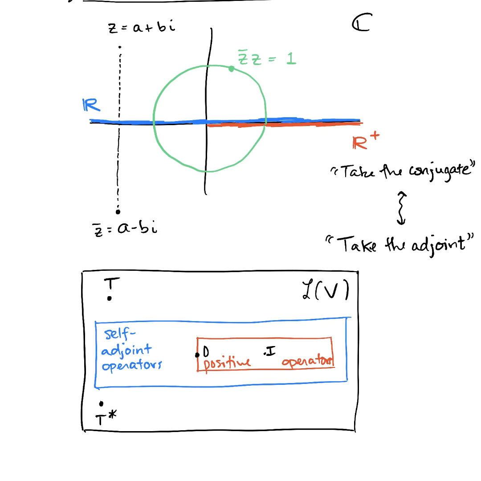Now, within the real numbers, some of them are positive. Non-negative, I should say, 0 included. Within the self-adjoint operators, some of them are positive.